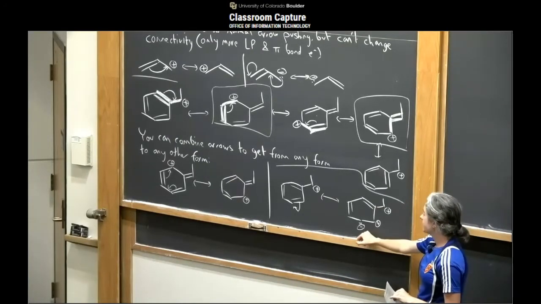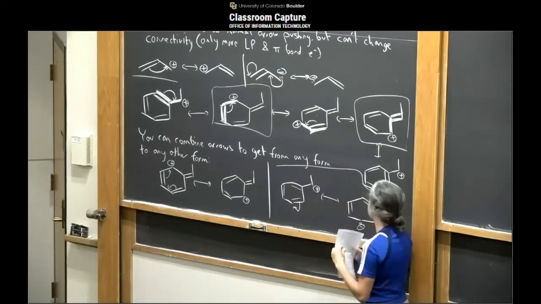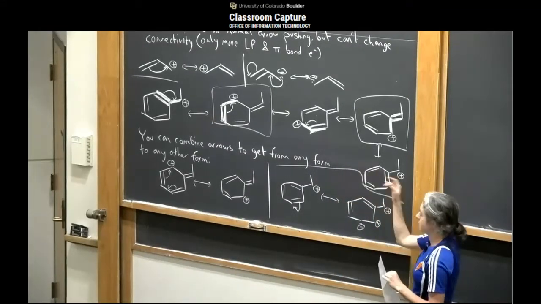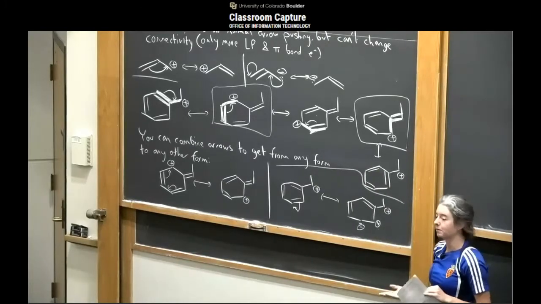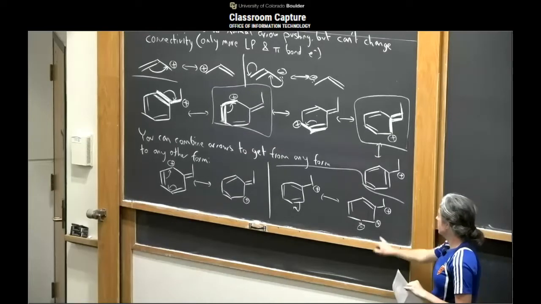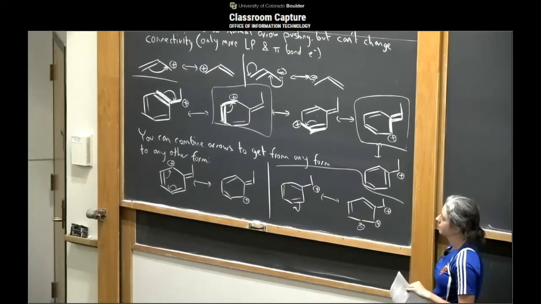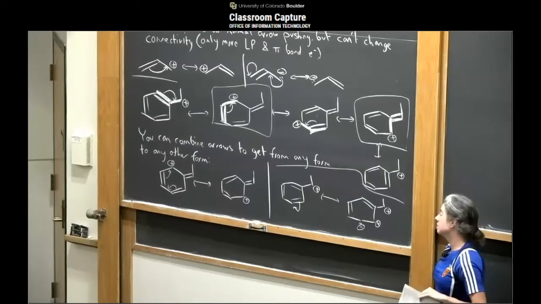So this is valid arrow pushing, but I would not show this as one of the major resonance forms. And I have to be careful about my wording on the exam question here, because if I say show every resonance form for this molecule, you can get up to a whole bunch of stuff that looks like this, and there's dozens and dozens of different things you could do to it.